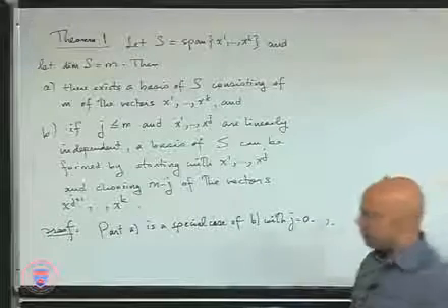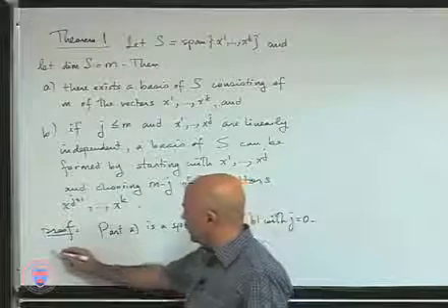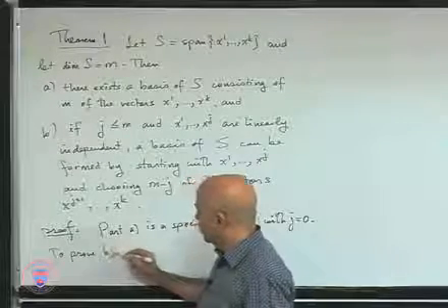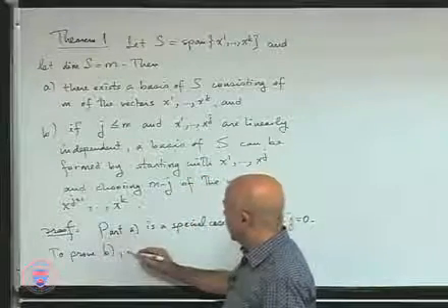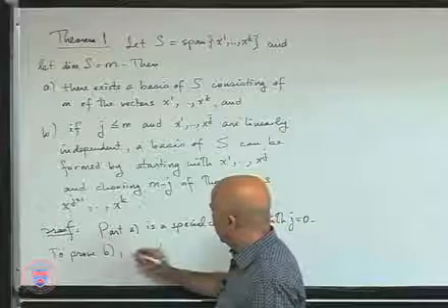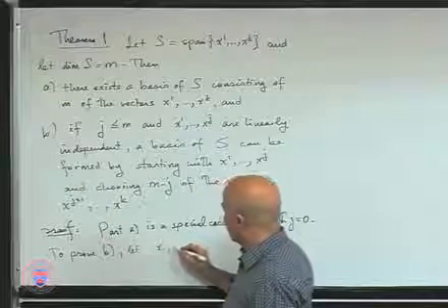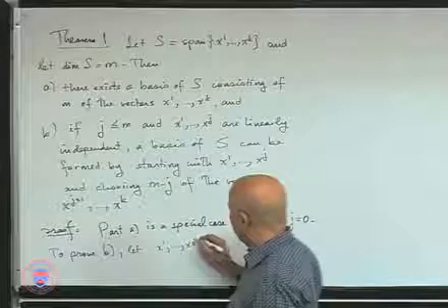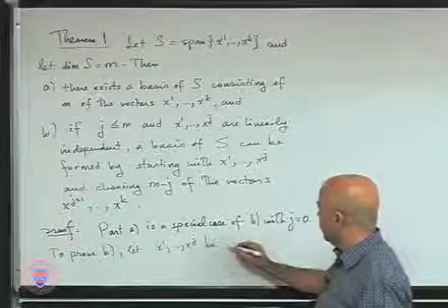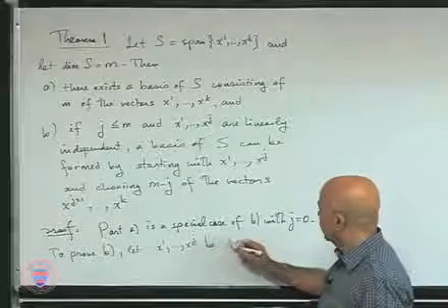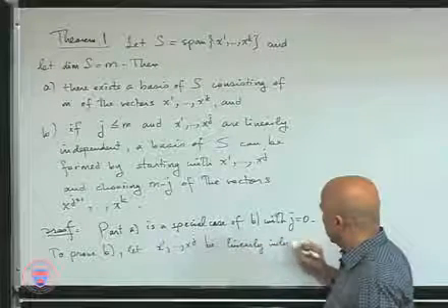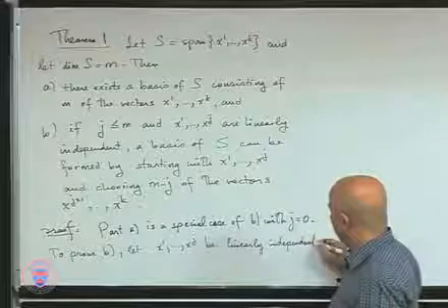So I will just go ahead and work on part B to prove B. So let x1 through xj be linearly independent by assumption.